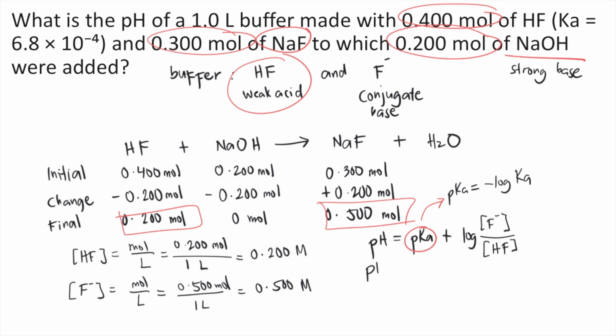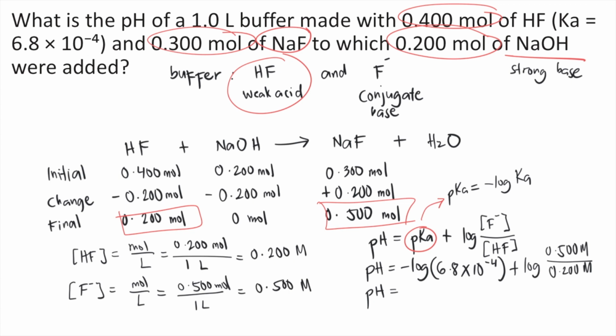So if you want to solve for pH, pH is negative log of the Ka, which is given to us in the problem, 6.8 times 10 to the negative 4, plus log the concentration of F minus, 0.500 molar, divided by the concentration of HF, 0.200 molar.